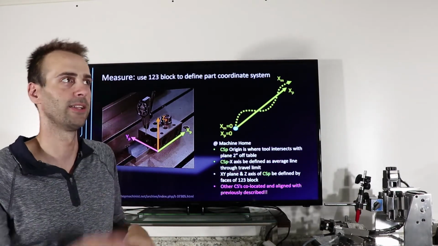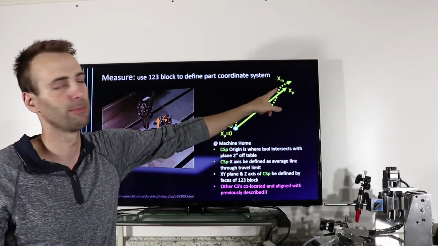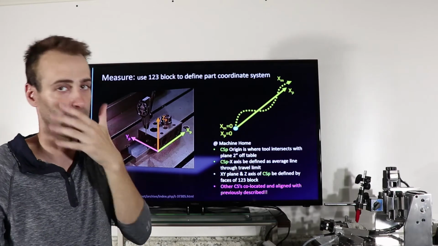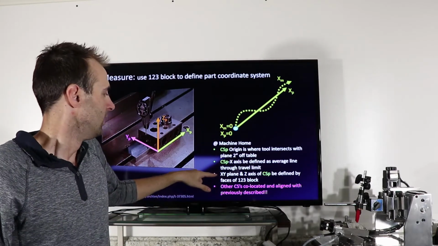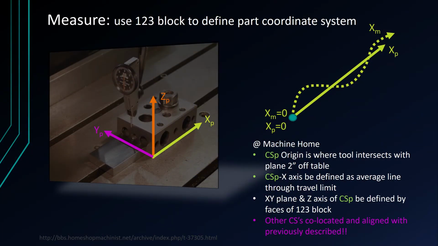And remember what I said: there's a dent in my jaw, so it's not going to be perfect, but just take the average line of motion. That's okay. And then this is important: the XY plane and z-axis are defined by the faces of the 1, 2, 3 block.